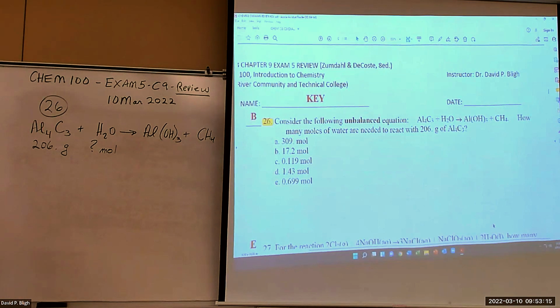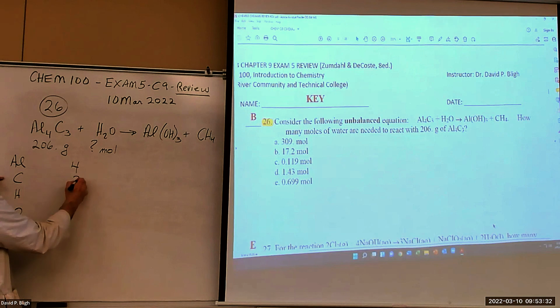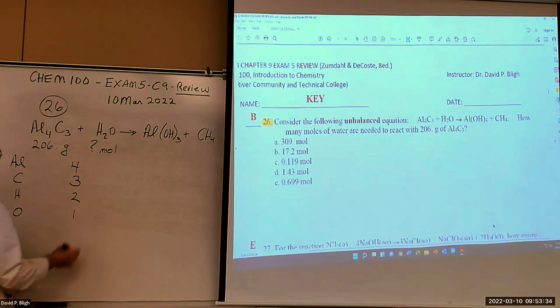So what we need is a balanced equation. Probably ought to do a budget. Aluminum, carbon, hydrogen, oxygen. So we're starting off with 4 aluminums, 3 carbons, 2 hydrogens, and 1 oxygen.